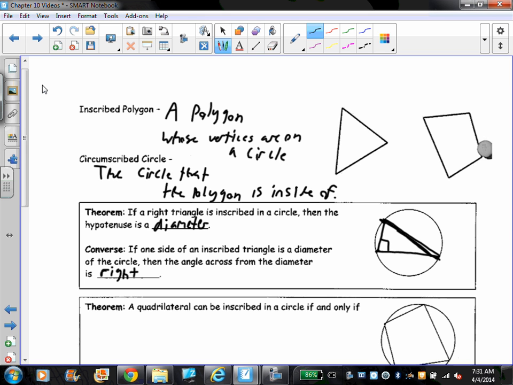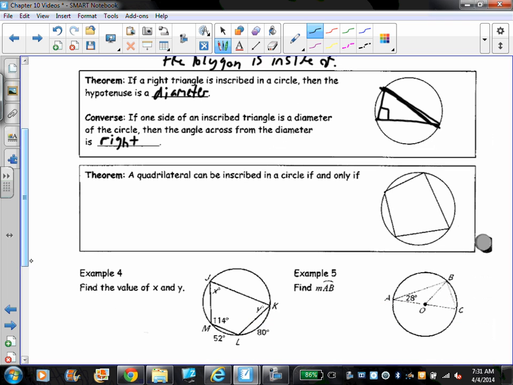So last one that we have, last theorem, is that a quadrilateral can be inscribed in a circle if and only if opposite angle pairs are supplementary.